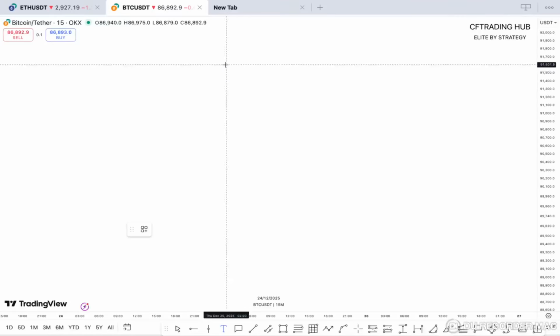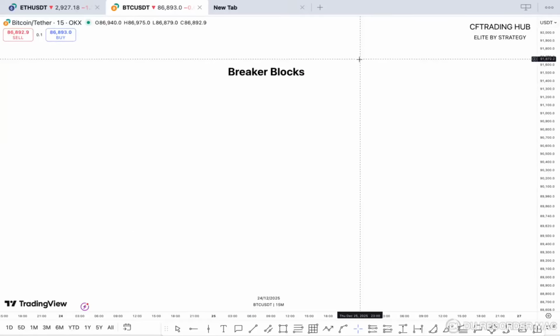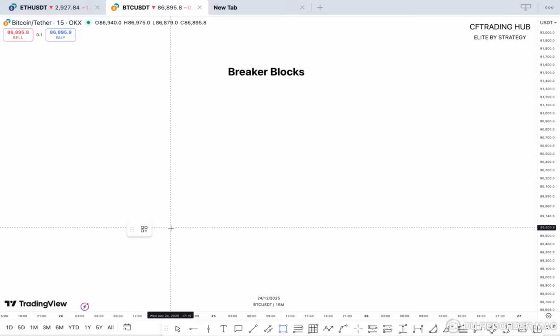So, breaker blocks, just like the name implies, a broken order block is just a breaker block. That's just it. Nothing much about it. So, let me just pull this up.